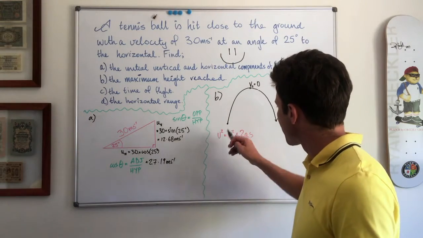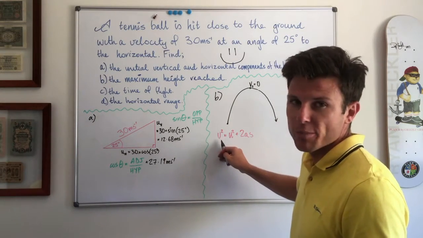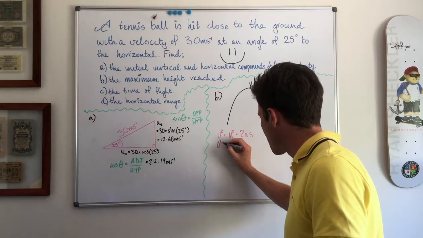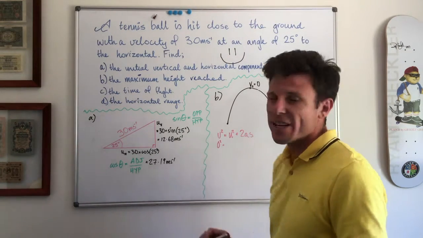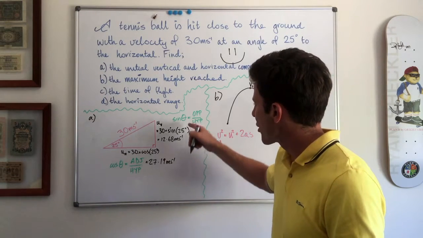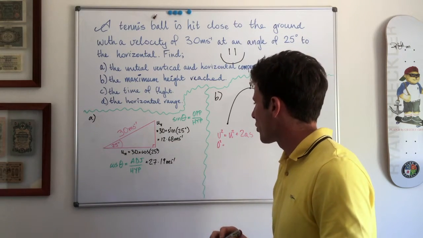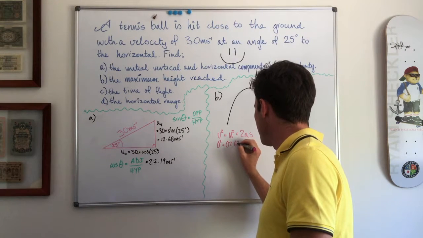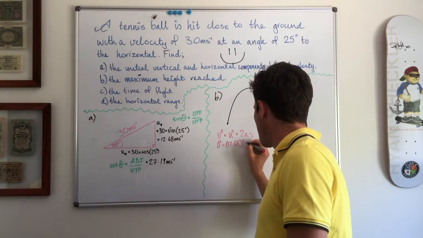Now, we know that the final velocity of this ball is going to be 0. So we have 0 squared is equal to the initial velocity of the ball in the vertical direction, 12.68 meters per second, squared.